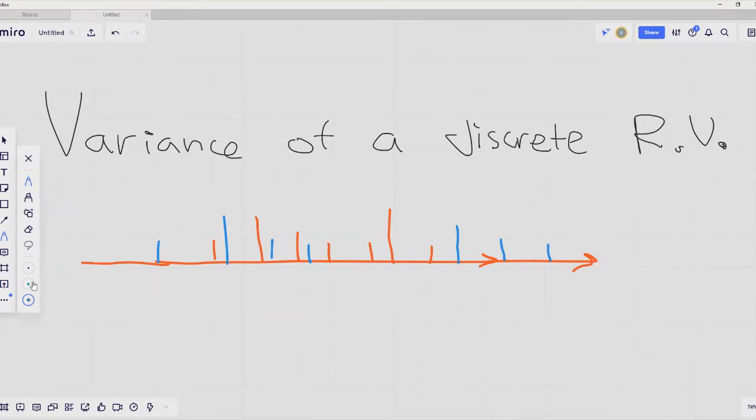Now, let's assume that those two random variables have the same mean, the same expected value, represented somewhere here, which we are going to represent by mu. It is the expected value of the two random variables, x and y.